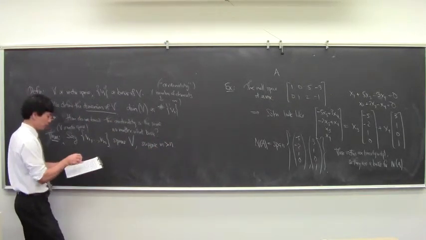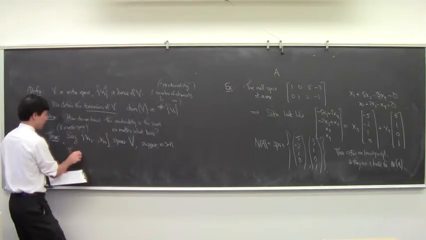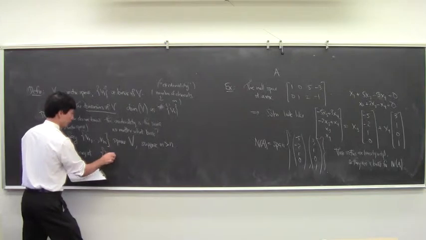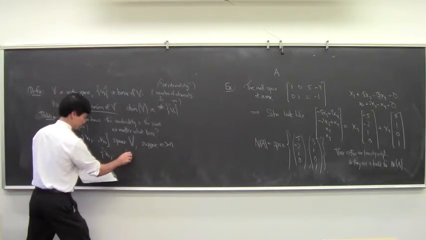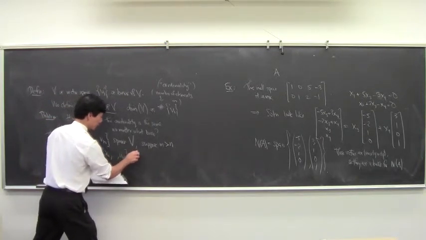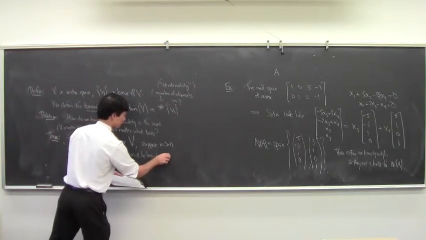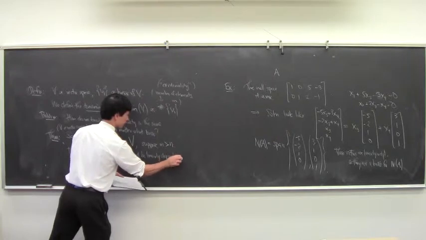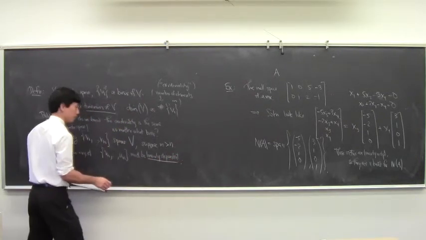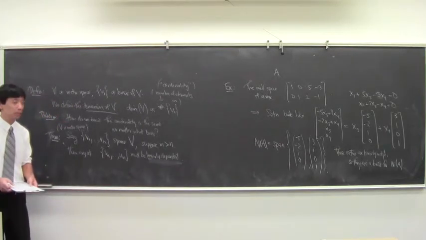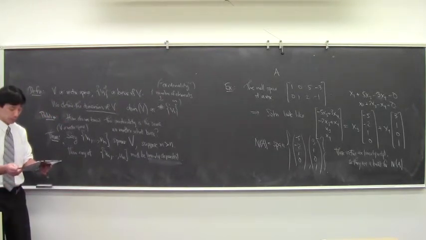Okay. Then any set of vectors u1 through um must be linearly dependent. Okay, must be linearly dependent. So any set that is bigger than the spanning set must be linearly dependent.